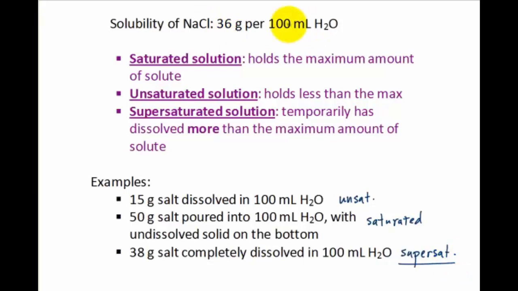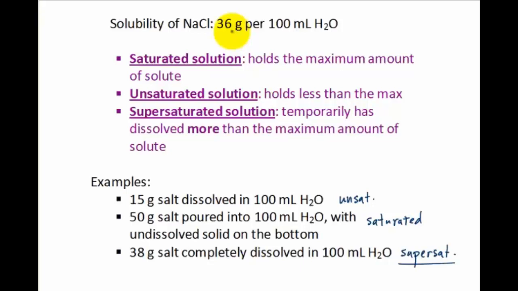This would probably just be the room temperature solubility. So we get a solution loaded up with more than 36 grams at a real high temperature, get it all dissolved, and then slowly and carefully cool it back down to room temperature. If we do it slowly, that extra solid will remain dissolved.